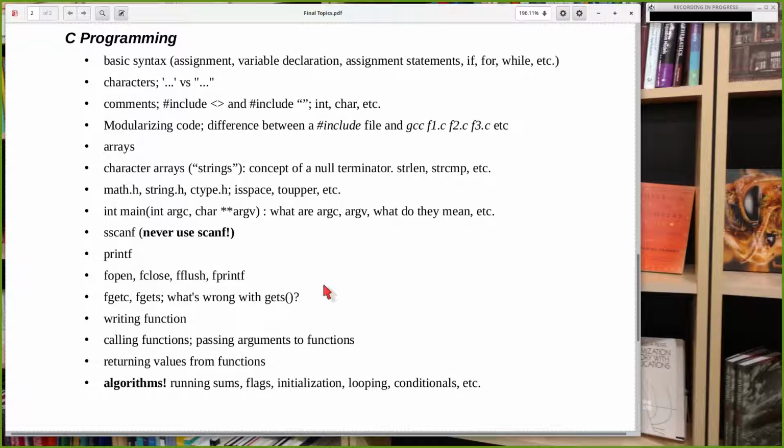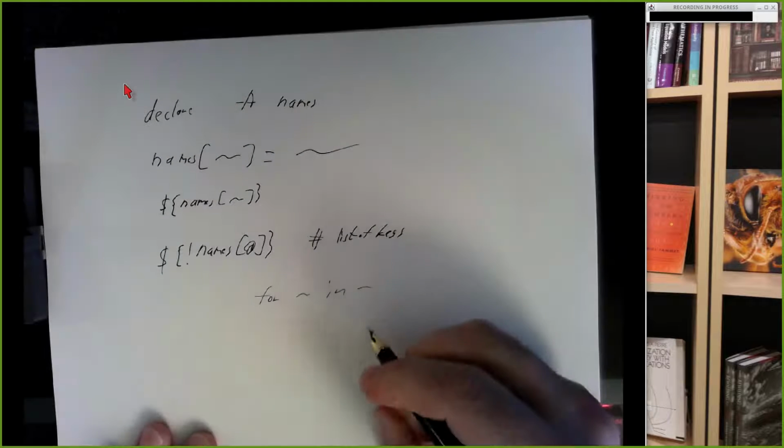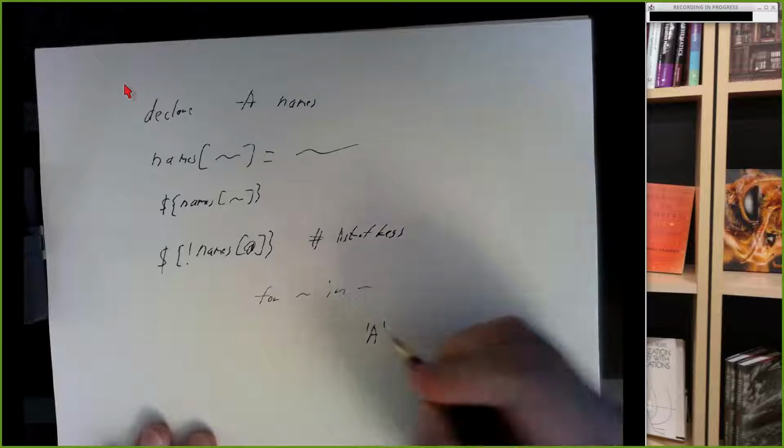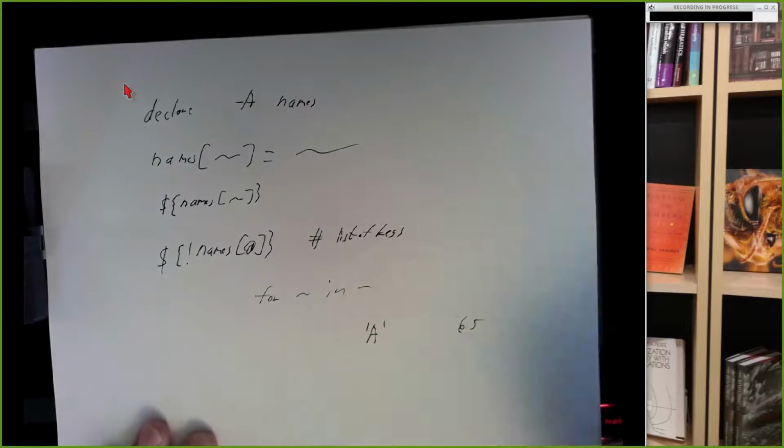All right, C programming. Feels like this was a long time ago, right? Basic syntax, assignment statements, declaring variables, if statements, for loops, while loops, and so on and so forth. Make sure you understand characters, and a character is something like this. And this is synonymous with the integer 65, that's its ASCII code.